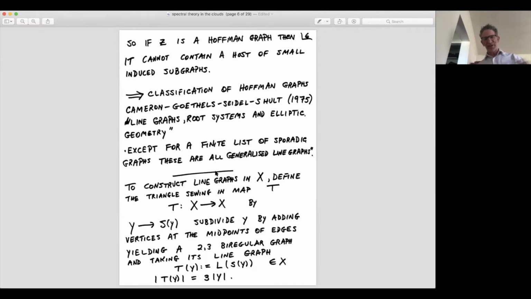So what they're really saying is that the only way that you can have all the eigenvalues greater or equal to -2, except for a sporadic finite list, is that those graphs must be themselves line graphs.